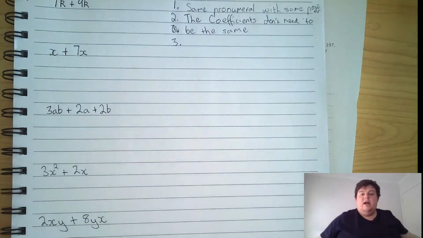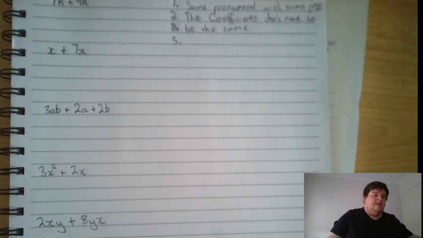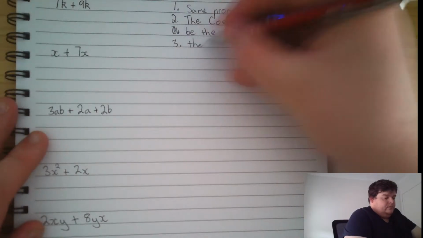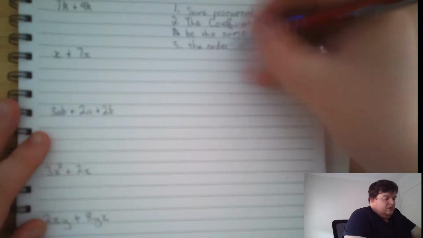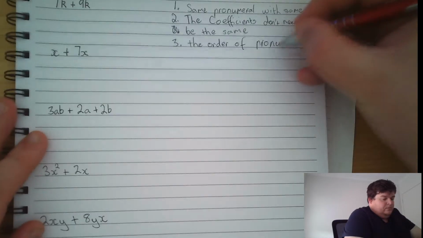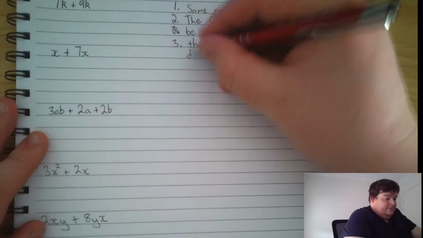And that doesn't matter as long as the first rule is satisfied, I guess. And then the last rule, the order of pronumerals. So the order that they come in does not matter.